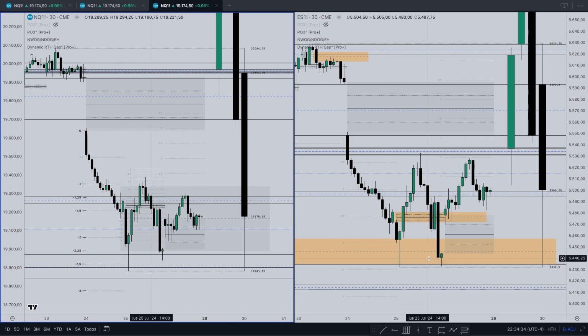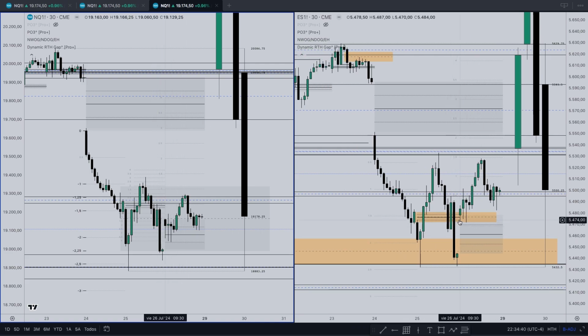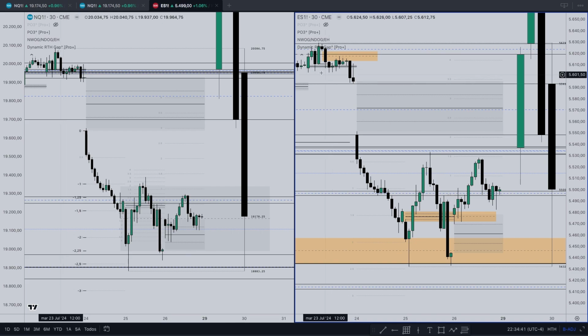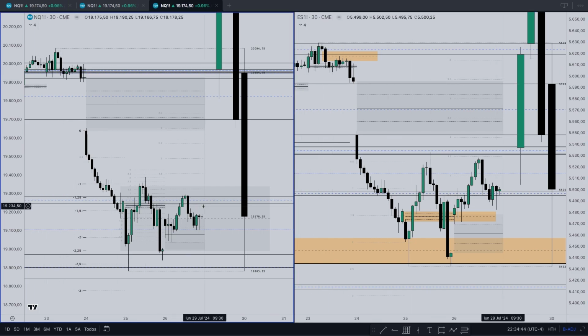So with this, you can see how ES is looking stronger. Why? Because if we compare which percentage of the gap is rebalanced, we have here the 75%, and we didn't even reach the 50% on this one.